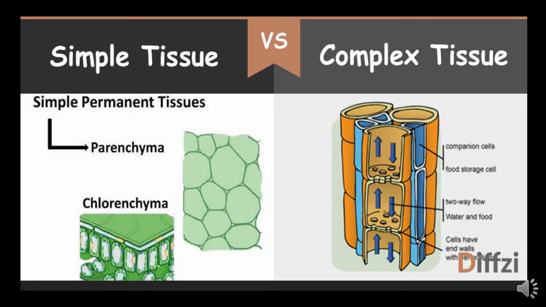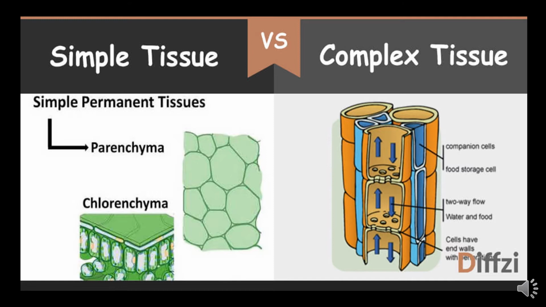Firstly, we need to understand why permanent tissues are classified into two types, simple and complex tissue. As you can see in the diagram, in simple permanent tissue all the cells are similar in shape and structure, whereas in complex tissue more than one type of cell is present.